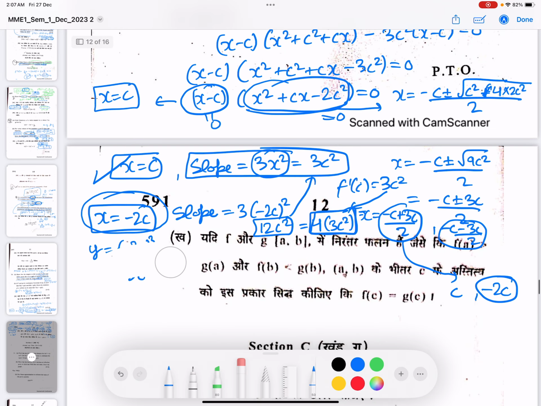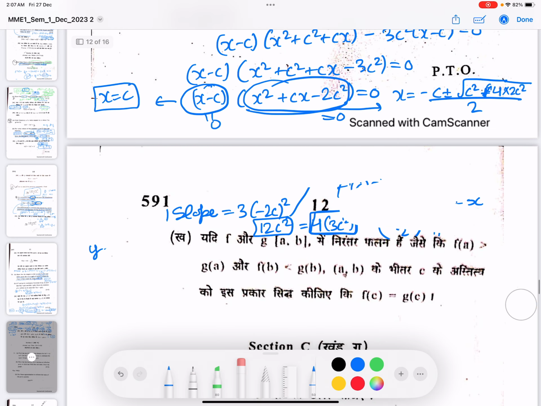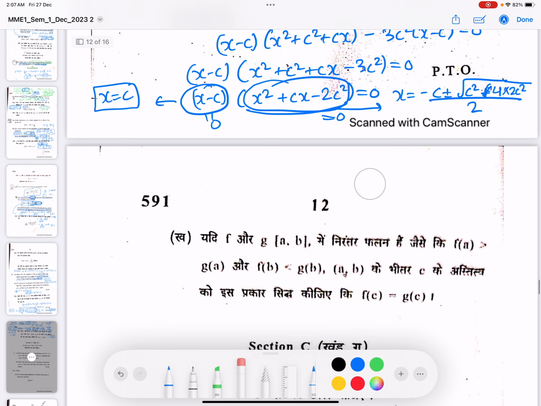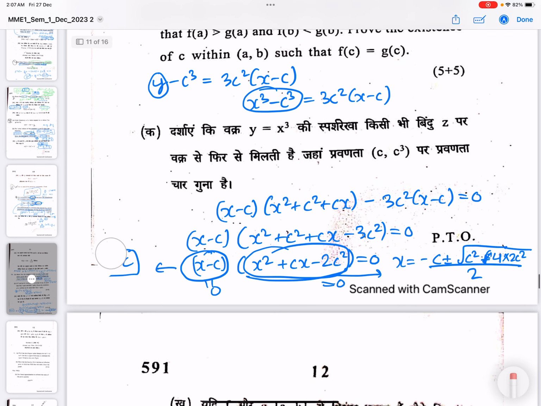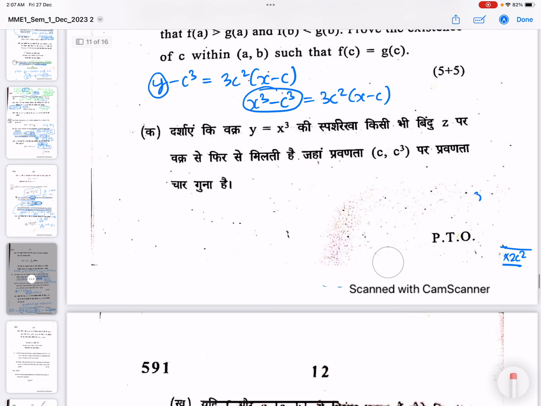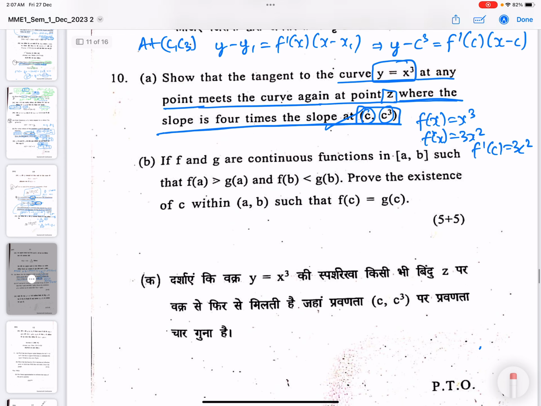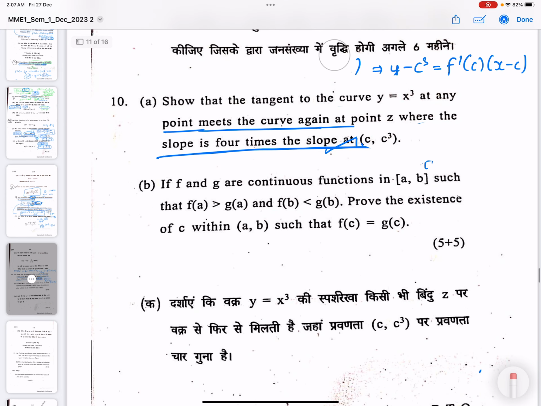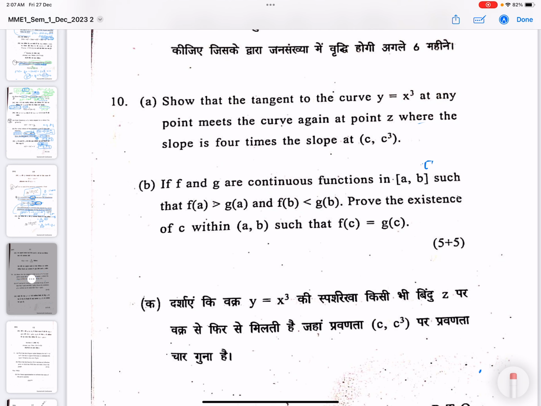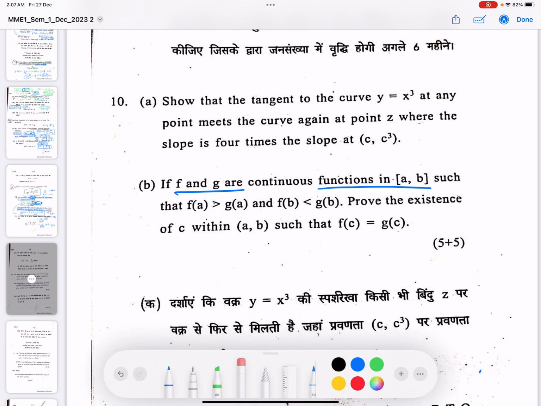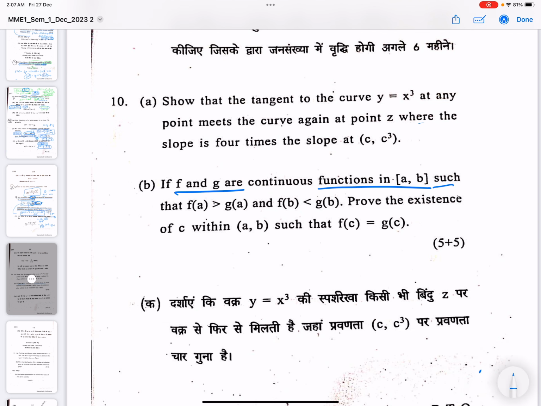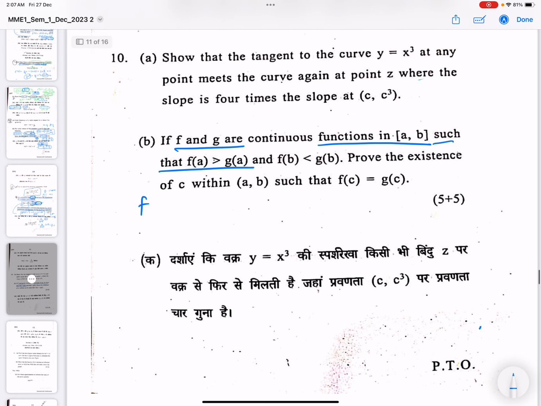Okay, we'll move on to the next part. Now moving to this part, we have: if f and g are continuous functions in the closed interval a comma b, including a and b both, such that f of a is greater than g of a, and f of b is less than g of b.